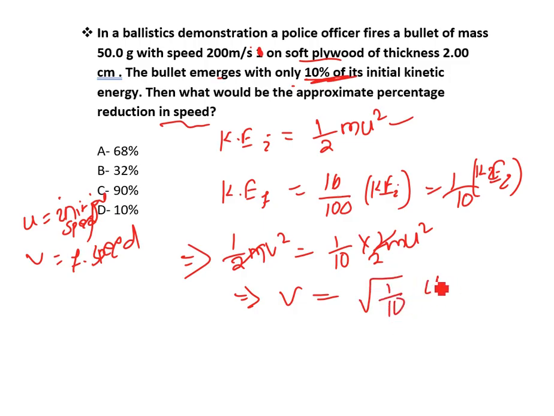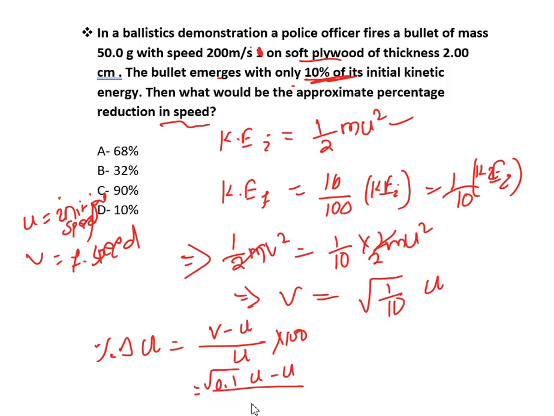Now you have to find the percentage change in speed u. The formula is percentage change in u equal to v minus u divided by u into 100. So v is 0.1 u, minus u, divided by u, into 100.